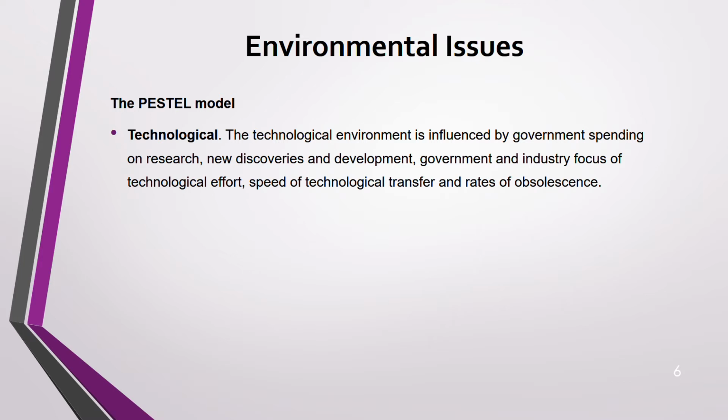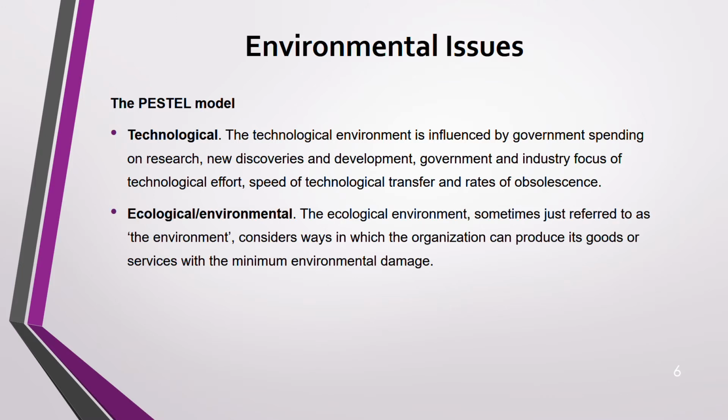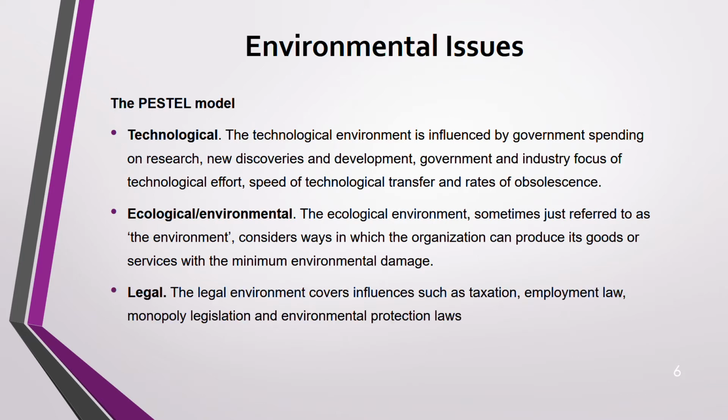For example, whether government is spending on research, spending on new discoveries, giving incentives to invest in technology. Ecological is more towards the environment: how you can produce goods and services with the minimum damage to the environment. And legal, the last factor.